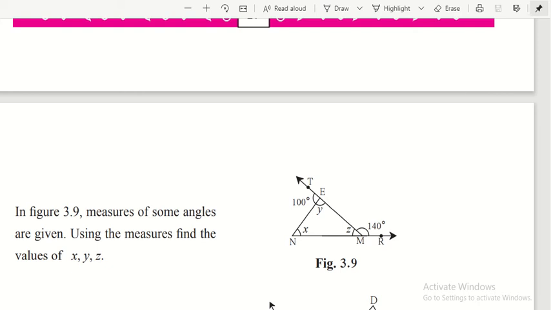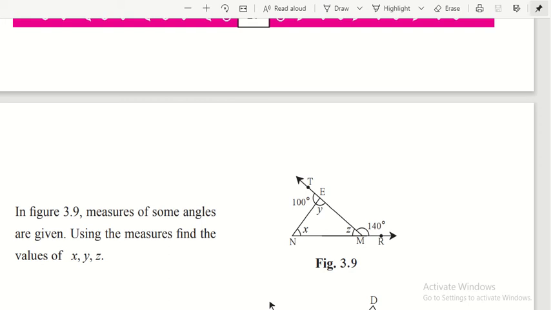Just one method I am explaining to you, that we will get two equations, that is x plus y is equal to 140 degree and x plus z is equal to 100 degree. So by solving the two equations, we will get the value of x and then we can find the value of y and z. This is one method.